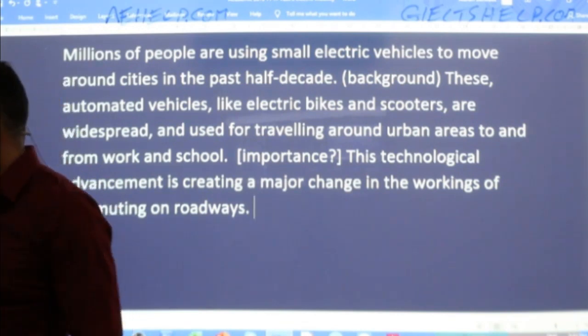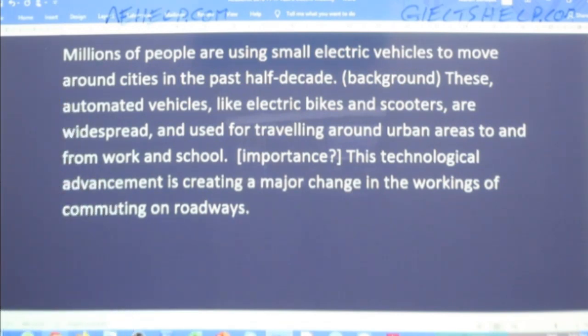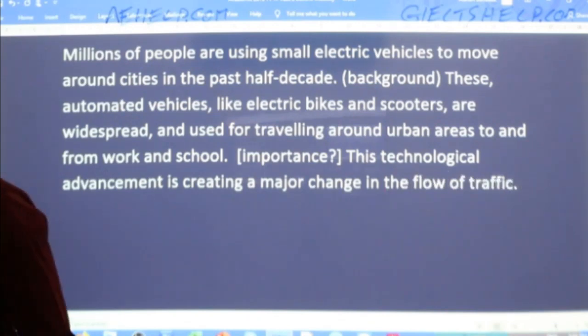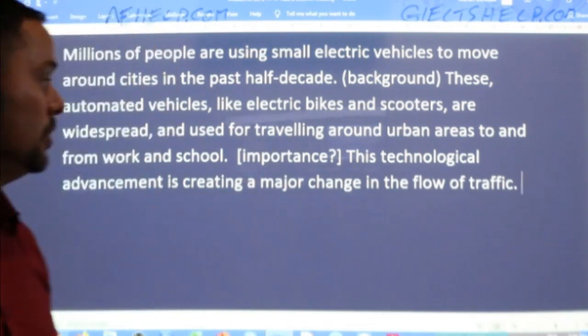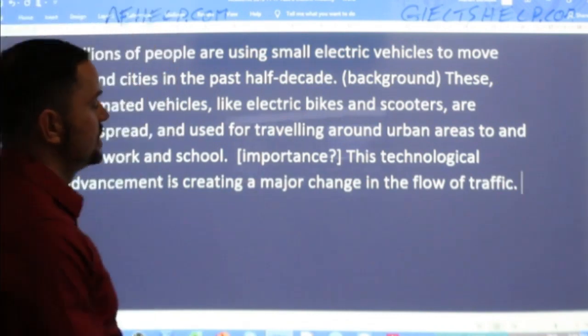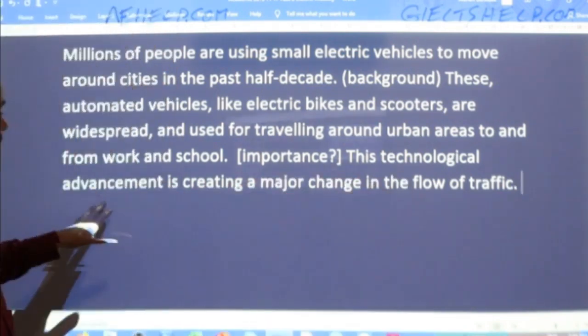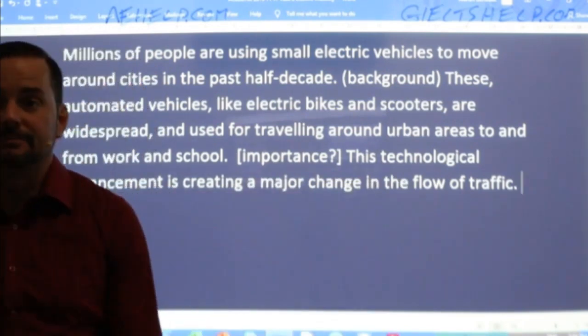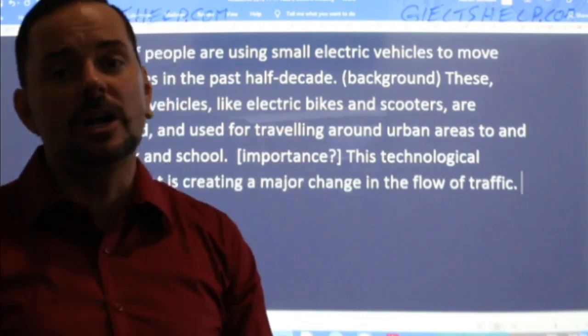Okay? If you want to really simplify this last part of it, you could do that, all right? Always work to be concise and to simplify when it's possible. So this technological advancement is creating a major change in the flow of traffic. So it's important to talk about it, right?